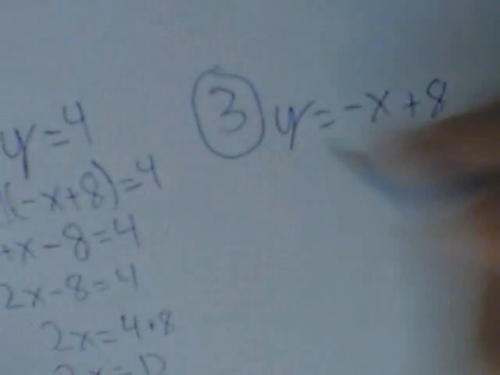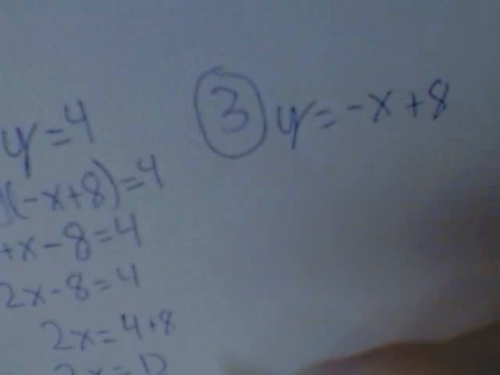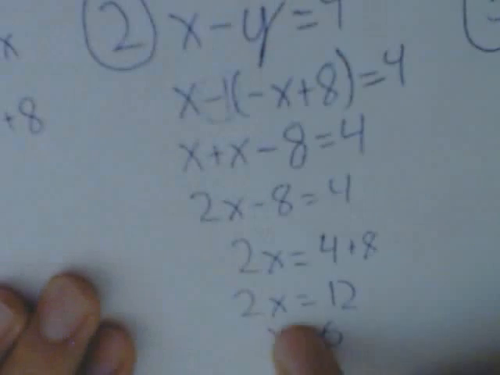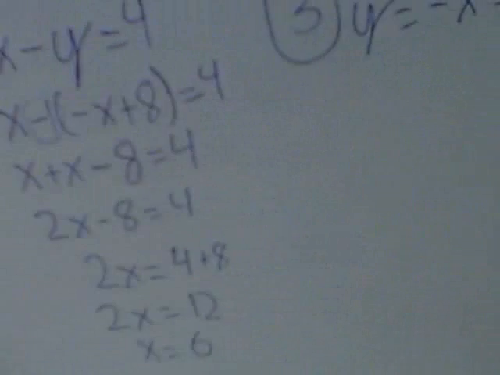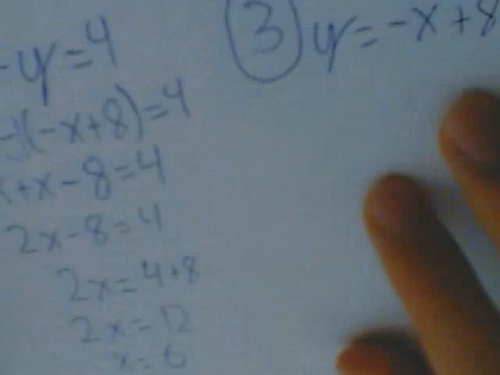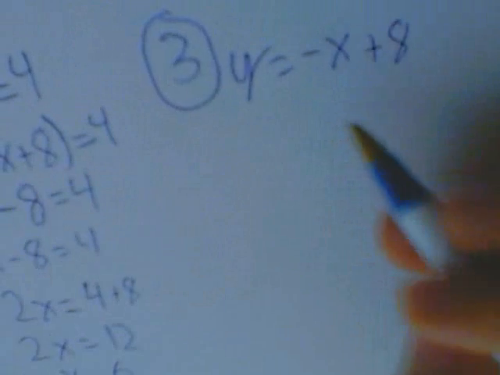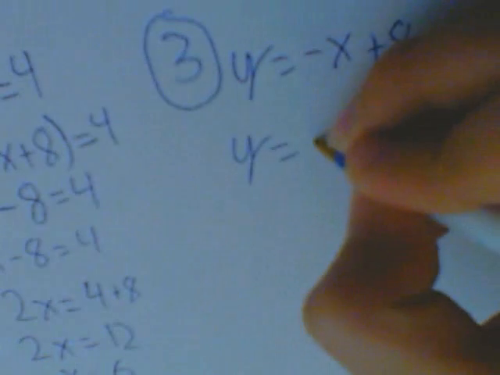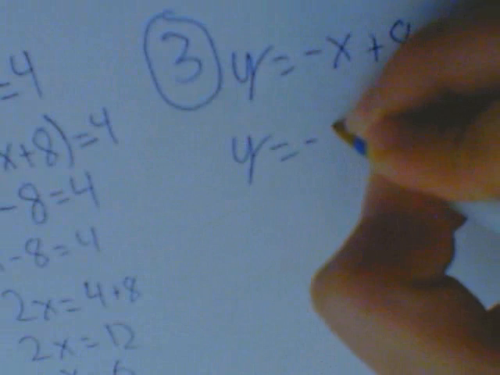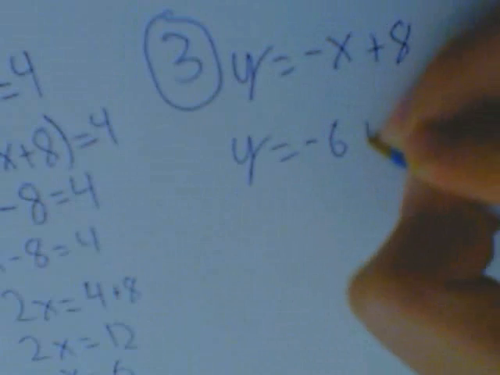So y equals negative x plus 8. We know that x, from the work we did here, we know that x equals 6. So now we can, like we did here, we can substitute x for what we know. So y equals negative 6 plus 8.